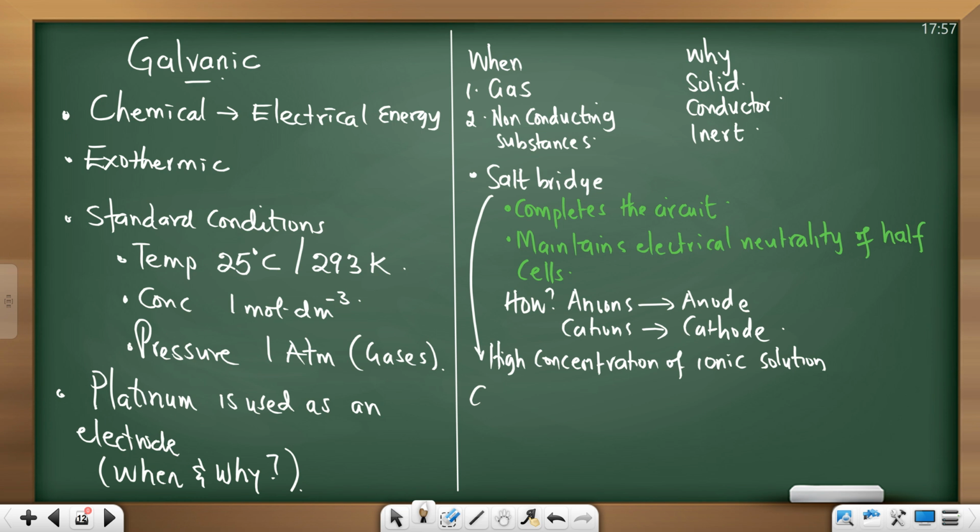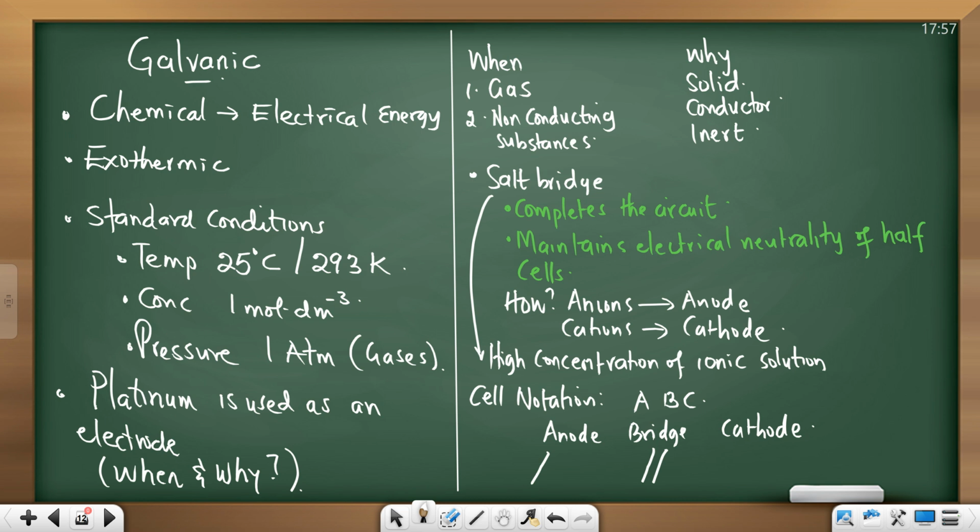Cell notation. Do we know how to write the cell notation? It's as simple as ABC. We start from the anode, we go to the salt bridge, and we then write what happens at the cathode. How do we represent the salt bridge? What is this single stroke representing?